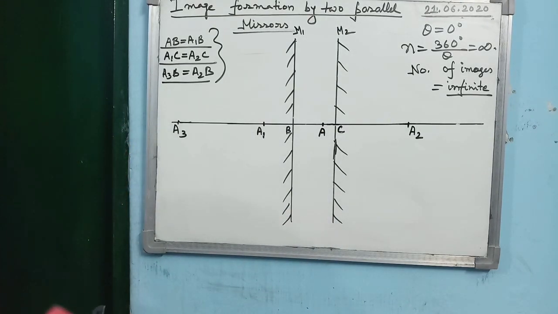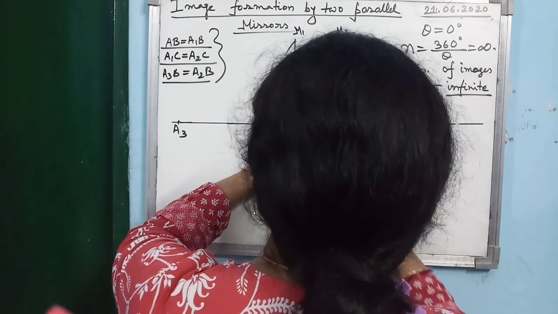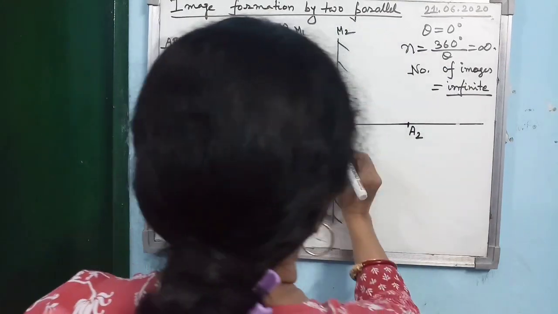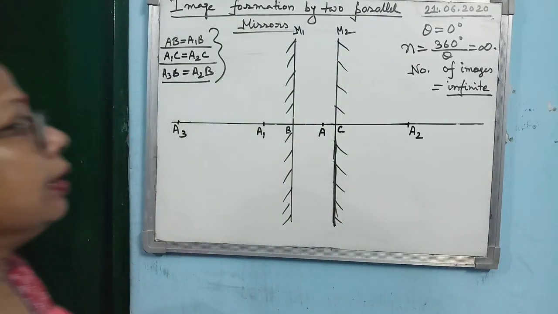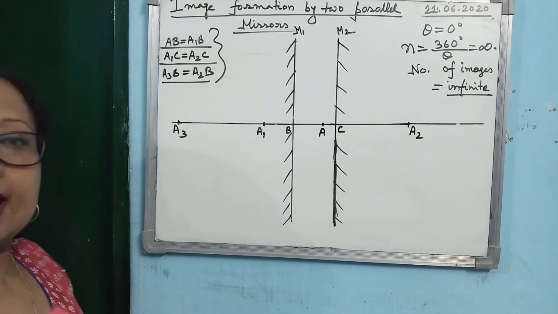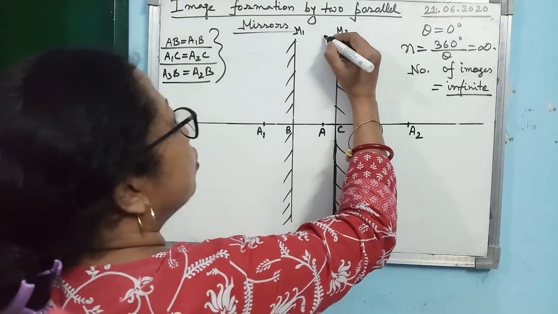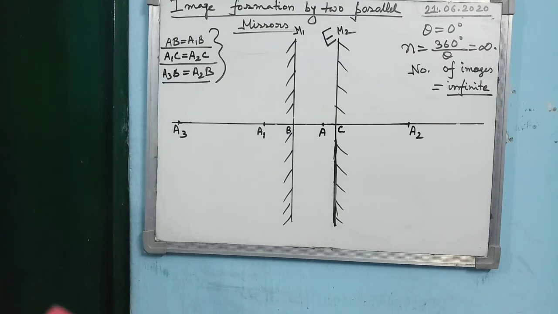Is that clear? I hope everybody has got it. Now, the next case is that my mirror is not perfectly parallel, so you consider it like this. After A3, you don't have to show any other images. Then you mark observer I in between the two mirrors.